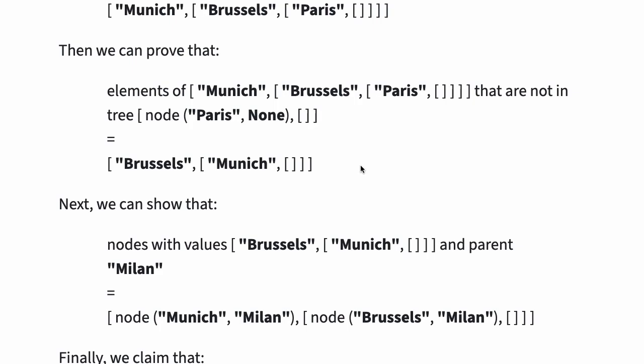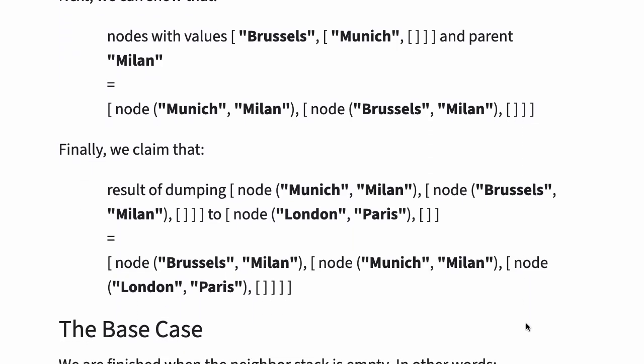Next, we can show that nodes with values Brussels and Munich and parent Milan is equal to the stack node Munich with Milan and node Brussels with Milan. Finally, we claim that the result of dumping the stack with node Munich Milan, node Brussels Milan, to the stack node London Paris is equal to the stack node Brussels Milan, node Munich Milan, and node London Paris.